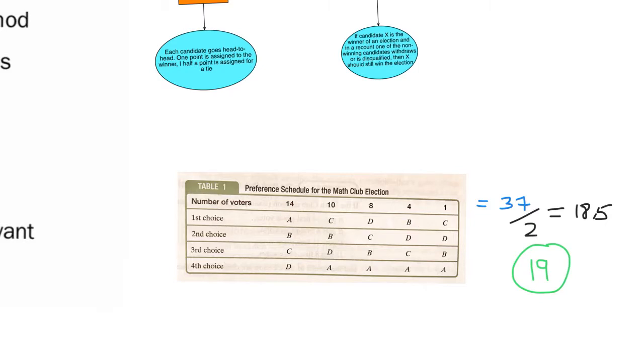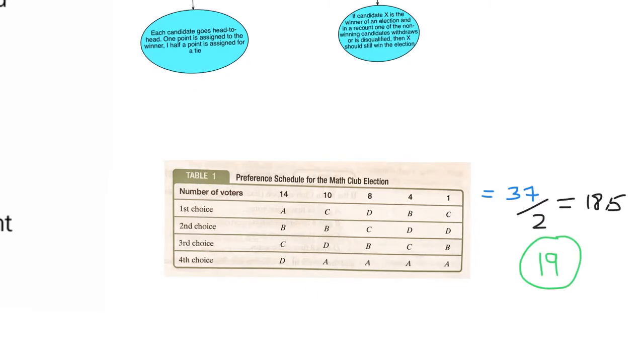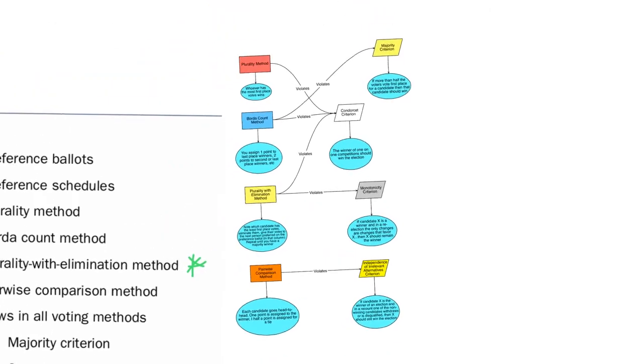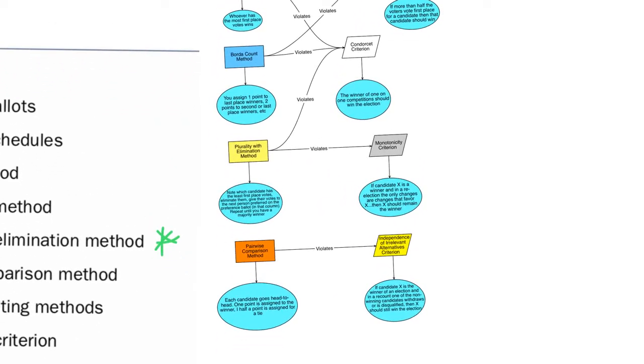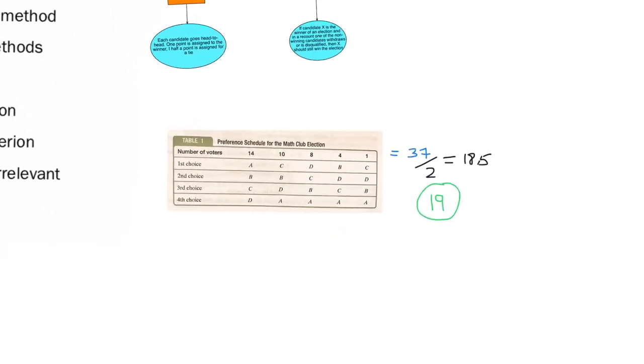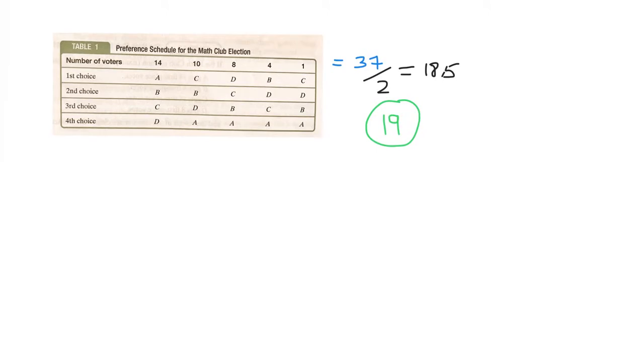But once we employ the plurality with elimination method, it is definitely the case that we're going to find a majority winner, which we're going to do right now. We're going to use the same preference schedule right here. Before I do so, I'm going to erase this stuff. But I do want to keep this 19 because we want to remind ourselves that 19 in a way is the target.